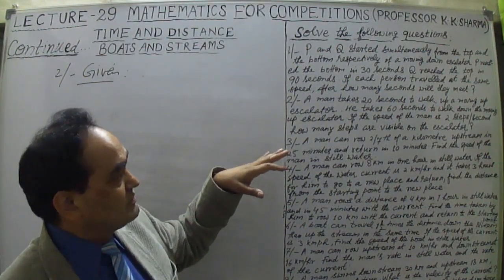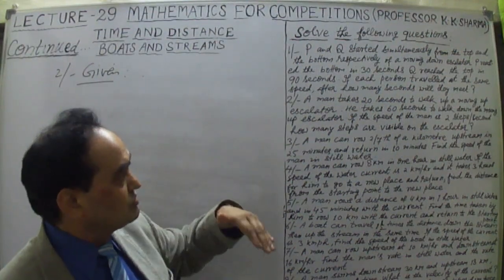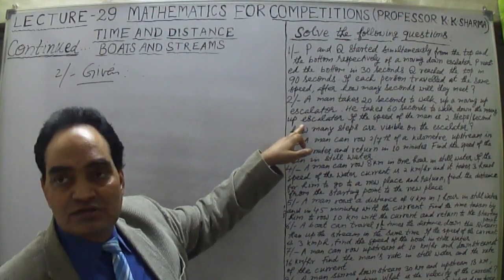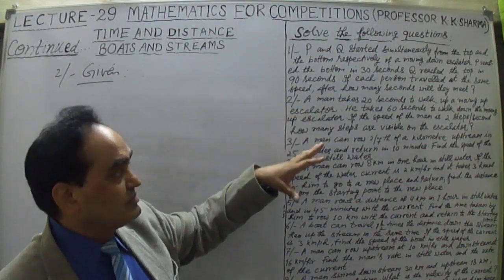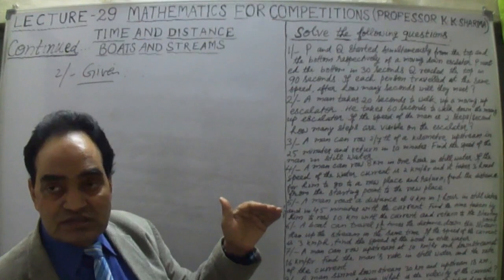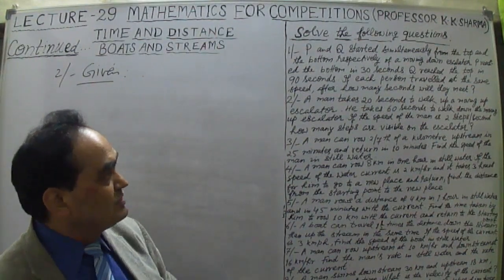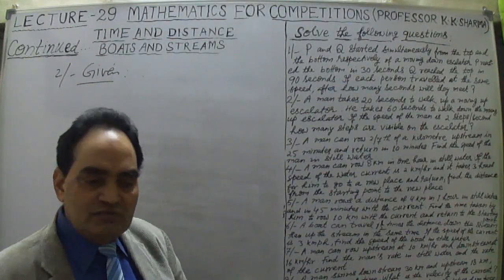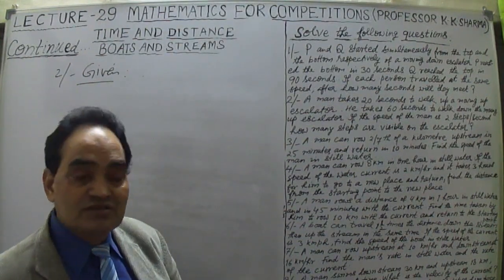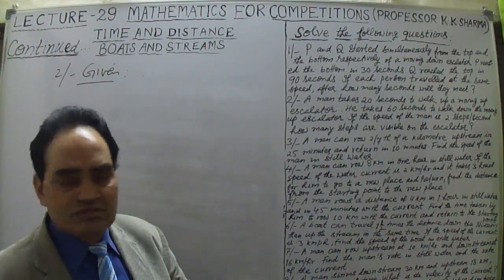Then he takes 60 seconds to walk down the moving up escalator. The same person is taking 60 seconds to walk down the moving up escalator. So when the escalator is moving up, in that situation he takes 60 seconds to come down. It is the opposite direction, the same type of question.